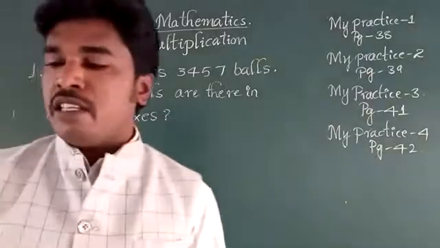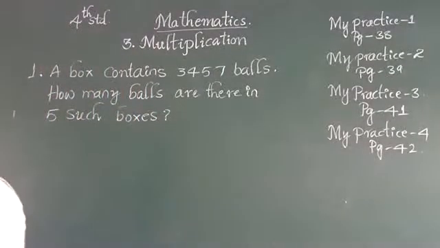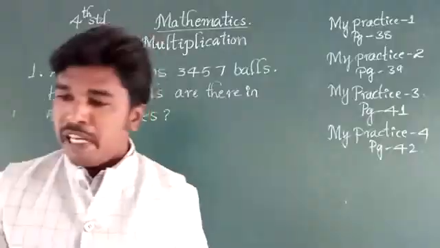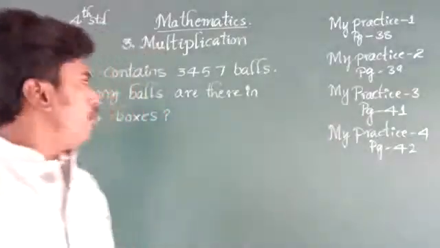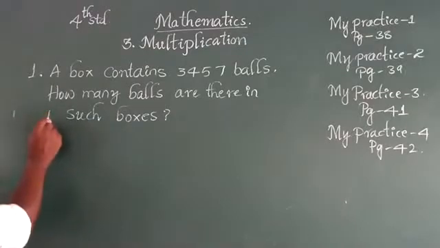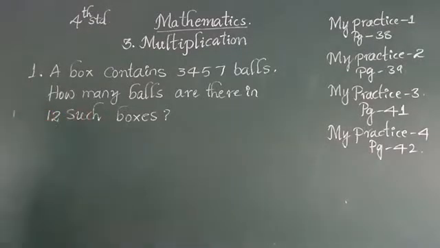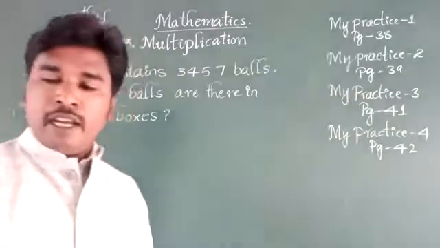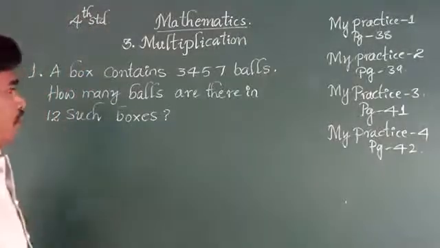So this is a very simple question. The remaining questions are also similar to this. So instead of 5, you may take it as 12 such boxes, because 5 is a very easy number. You may take a different number.